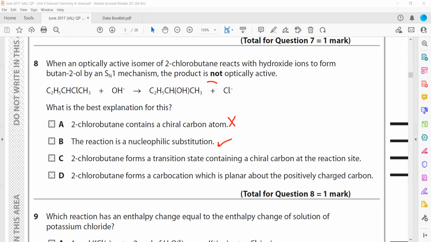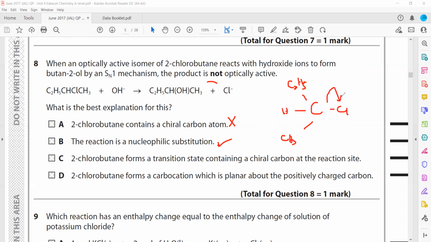because what happened, first the bond will break and then the bond will form. Here it is C2H5 and CH3 is there. One side chlorine is attached. Hydrogen is there and chlorine.